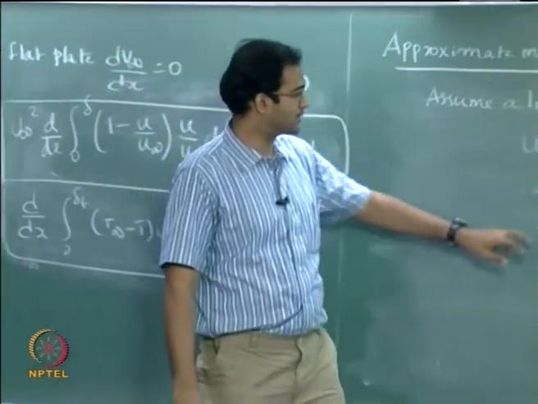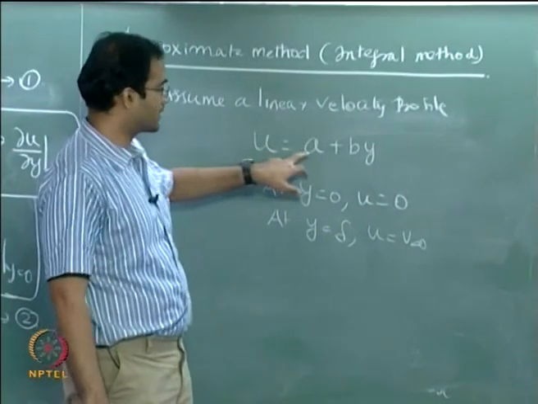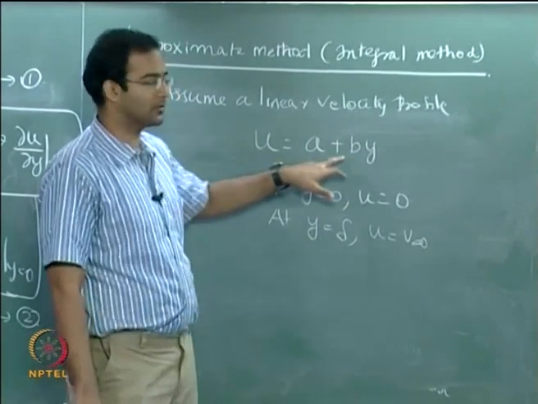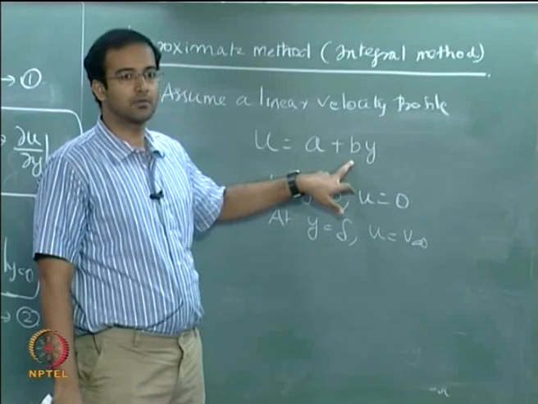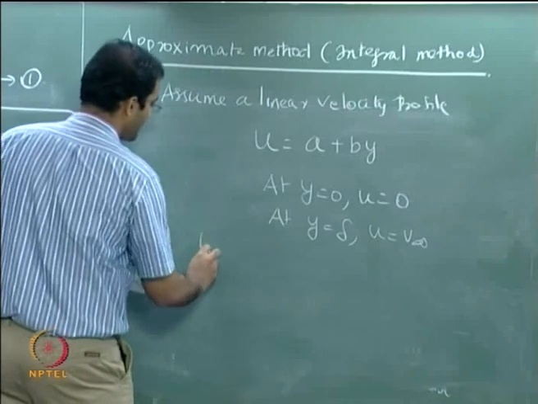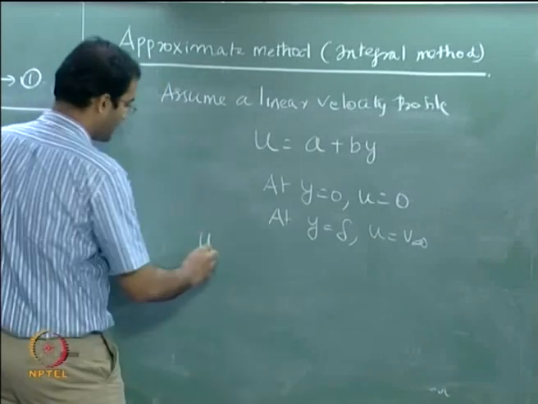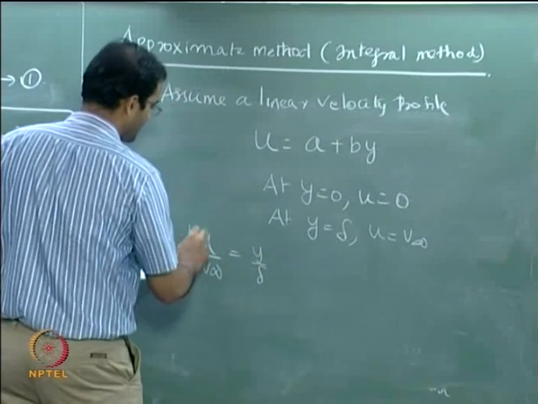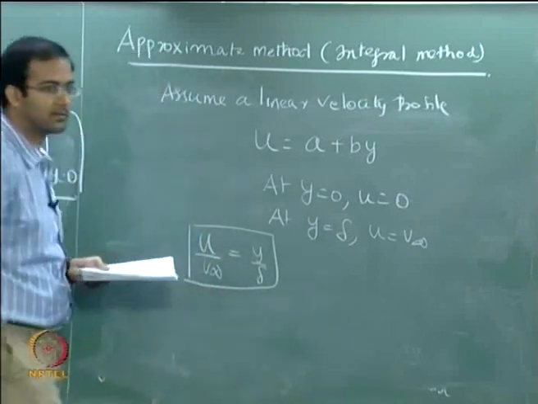If you directly substitute, y equal to 0, u equal to 0, your a will be 0. At y equal to delta, u will become u infinity, therefore b will be u infinity by delta. So u will be equal to u infinity y by delta, that is, u by u infinity will be equal to y by delta. This is my linear velocity profile.